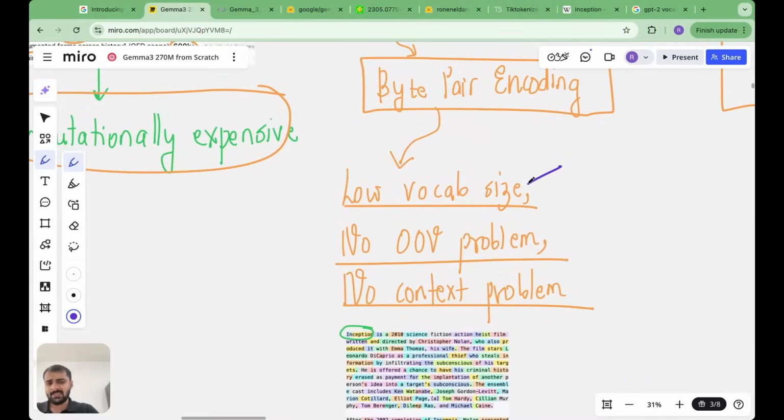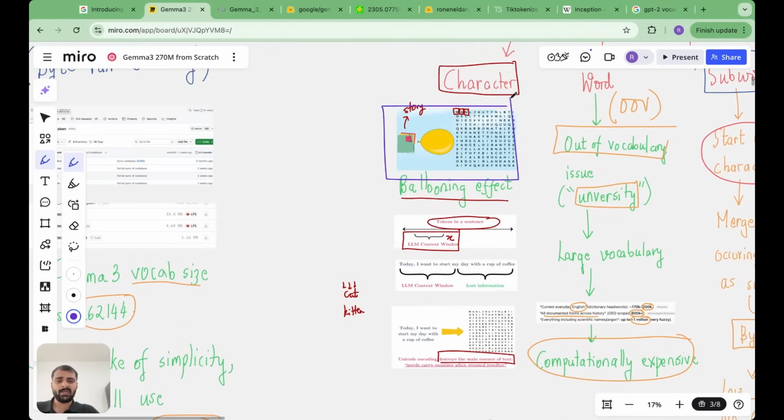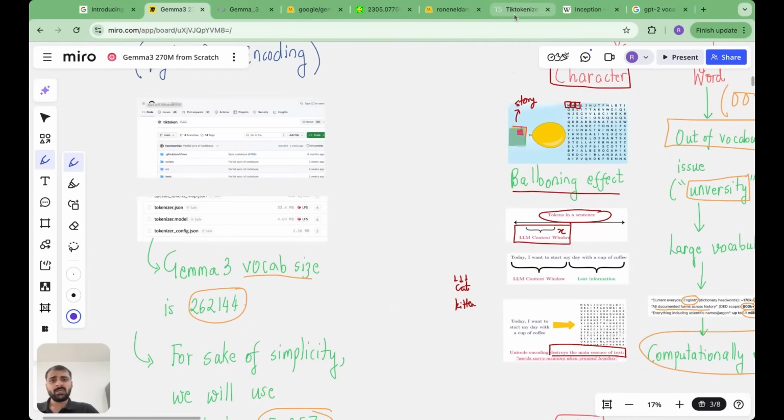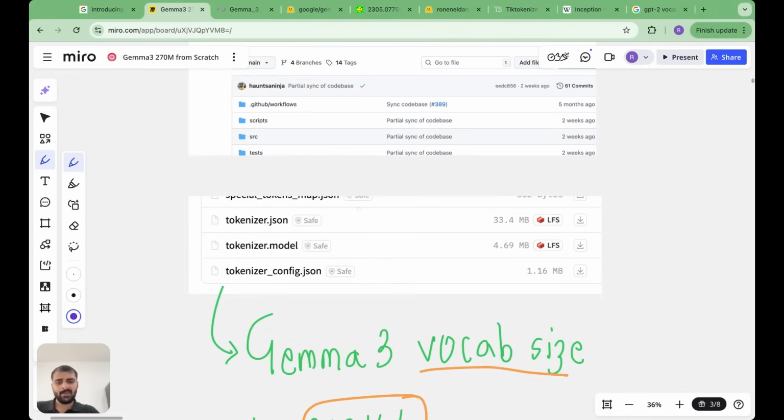It has a low vocabulary size, which is computationally good. It solves the out of vocabulary problem, and it also does not lead to the ballooning issue which is associated with character tokenization. We are going to use the tiktoken library, and from this we use the GPT-2 encoding, which is the byte pair encoding.